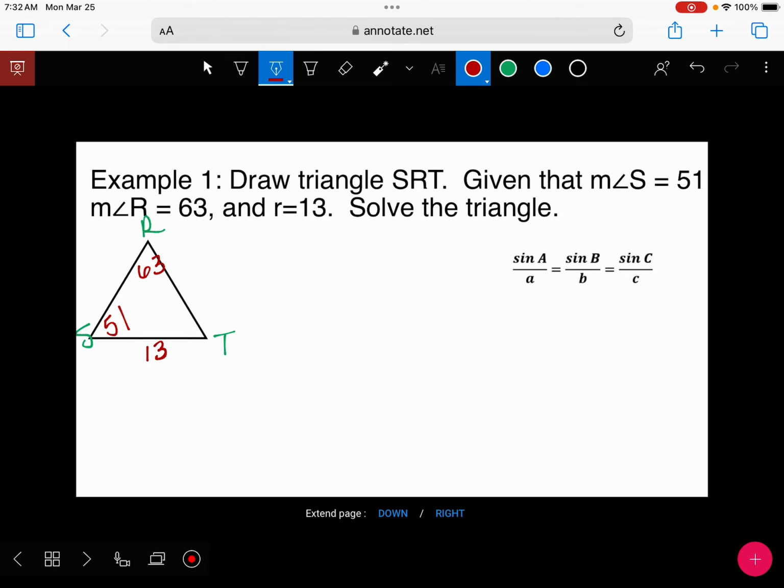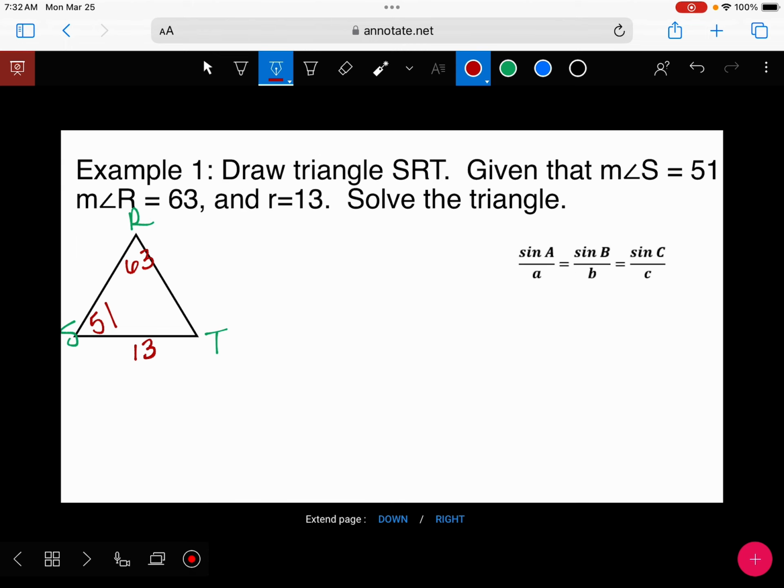So in order to solve the triangle, that means we need to find what we don't know. We don't know what angle T is, so we need to find that. What two sides don't we know? Little t, and we also don't know little s. So that's what we have to find.